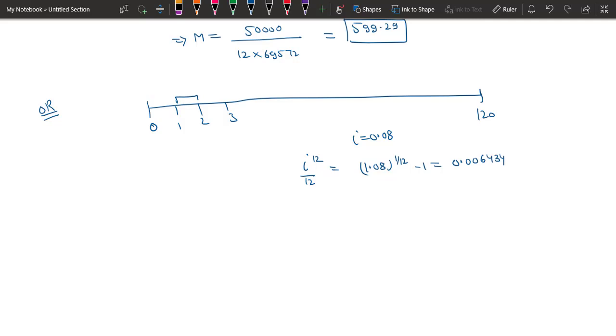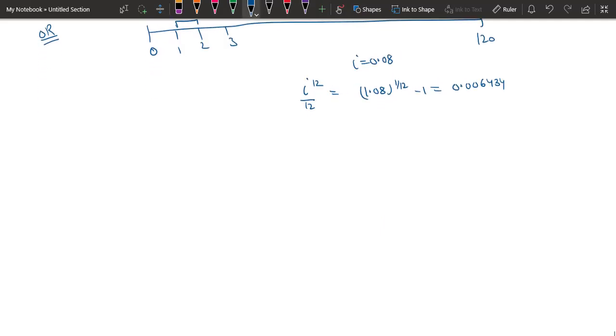In this way our equation of value will be a_120 at the rate of 0.6434%.